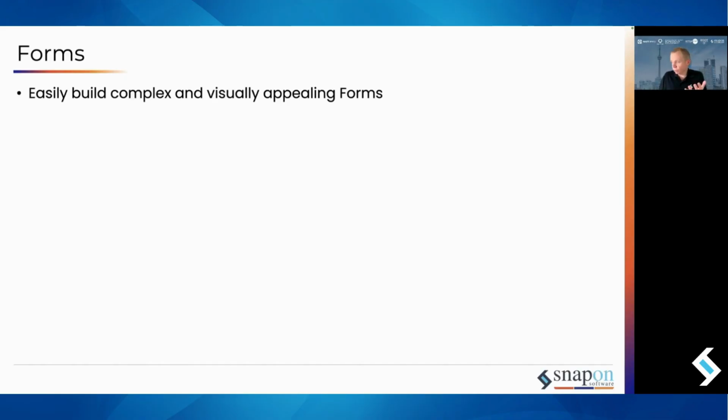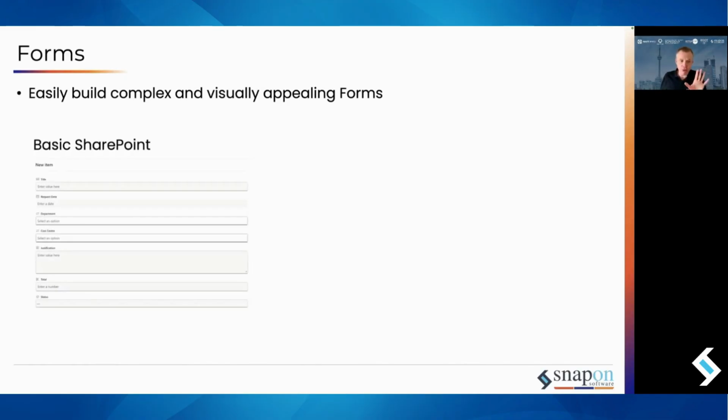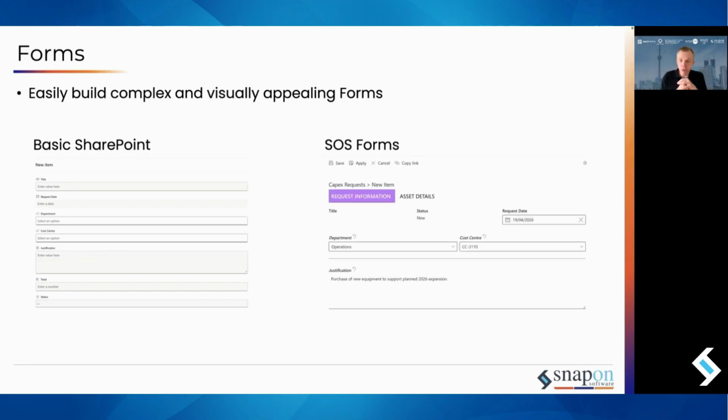To give you an idea of what we actually do, on your left-hand side here, you'll see what SharePoint looks like natively. So any of the people who are currently using SharePoint, this will give you an idea of what it currently looks like, and hopefully many people will find that familiar. Our forms can look like this.